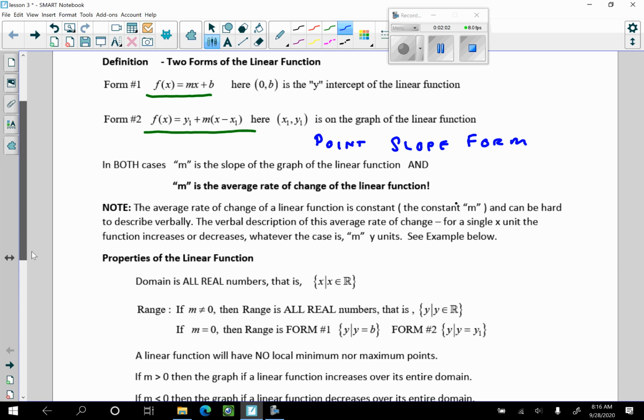Okay, here are some basic properties of both forms of linear functions. The domain is all real numbers. If m doesn't equal 0, the range is all real numbers. If m is equal to 0, then the range in Form 1 is y equals b, and in Form 2, y equals y sub 1.